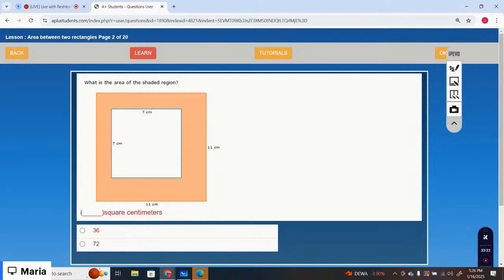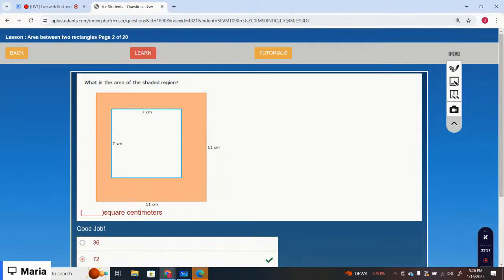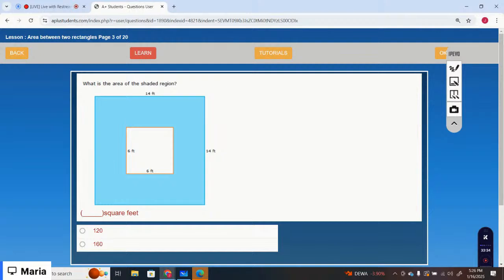That is 72. What is the area of the shaded region, which is the correct option? Which is the correct option? That is option number 2, 160. Option number 2 is the correct option.